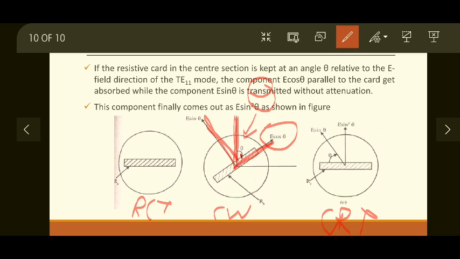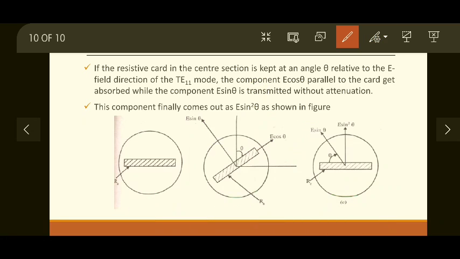We are moving the card by theta degrees. Initially it was like this, as shown in this figure. This is the initial location of the card. Then we are moving it by theta degrees. When we move it by theta degrees, E cos theta becomes parallel to the card and E sin theta becomes perpendicular to the initial location.